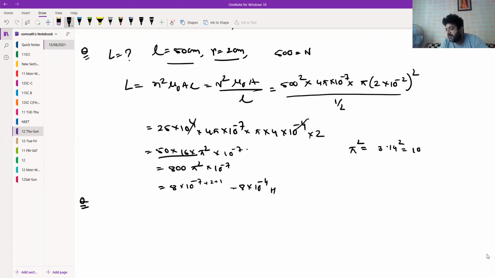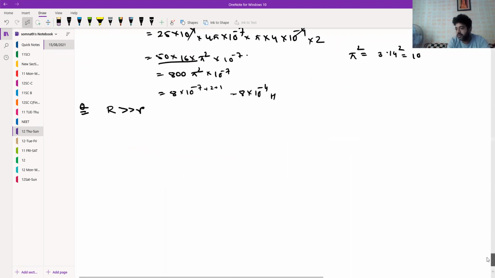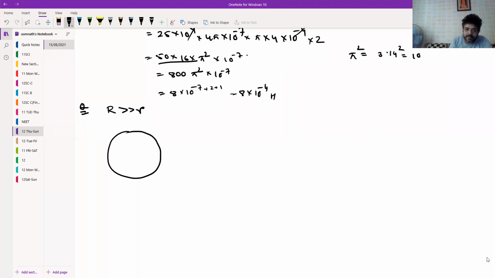A large circular coil of radius r and a small circular coil of radius smaller. You have two coils, large and small, put in vicinity of each other. That means this is the large coil and this is the small coil.